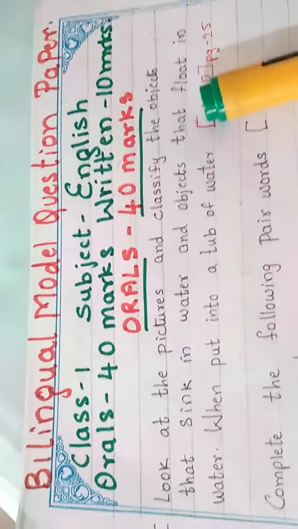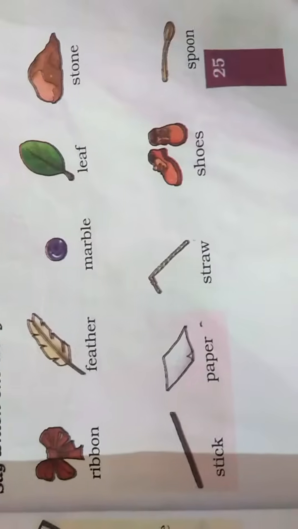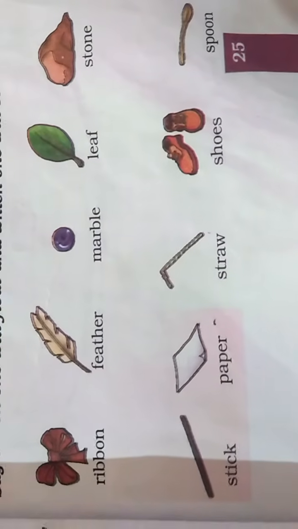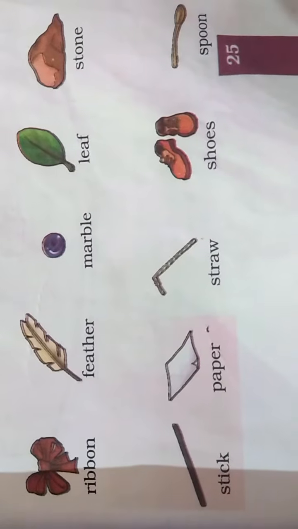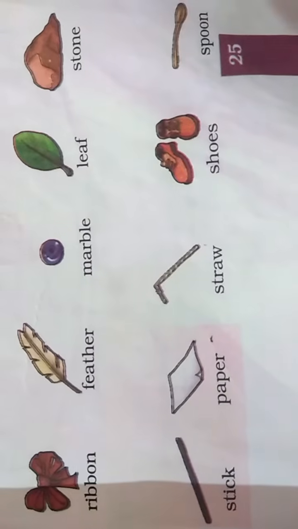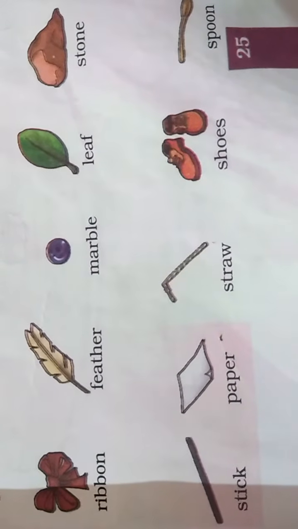This activity is taken from page number 25 for 10 marks. Here you find some objects given in the textbook. The child has to identify the objects and list out the objects that float in water and sink in water. So the question is given 10 marks.